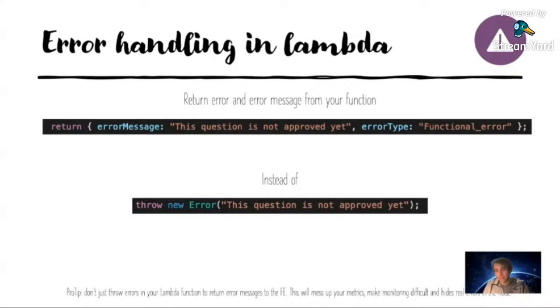So what you can do instead is return an object from your function which contains an error message and an error type. And then your resolver will also pass that response back to the front end, and the front end again gets the message and is able to display it, but in your function you did not have to throw an error. So no fake errors in your monitoring, no fake errors in your metrics.